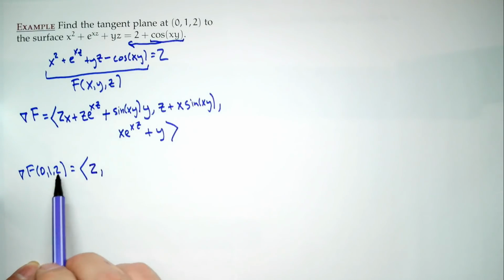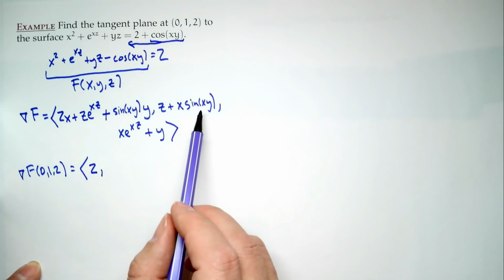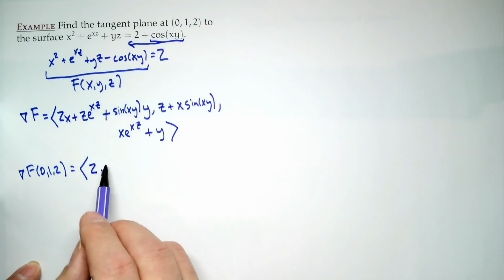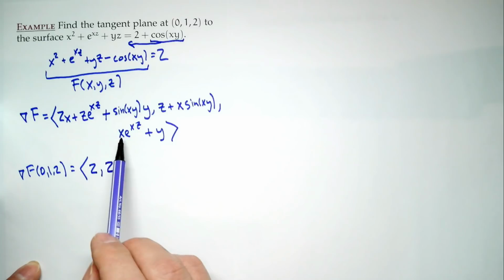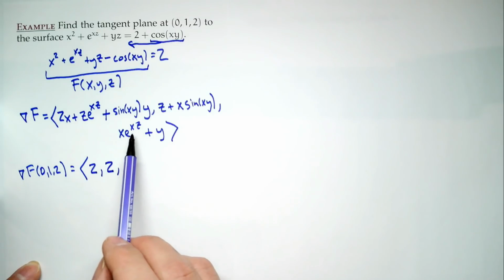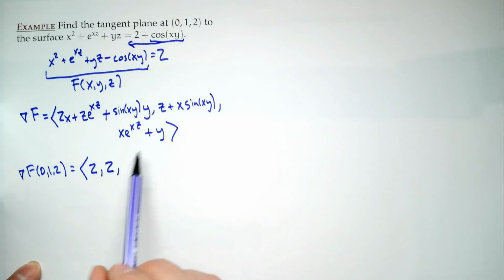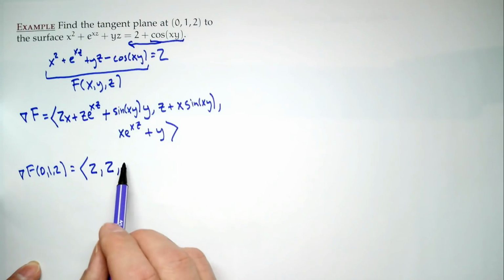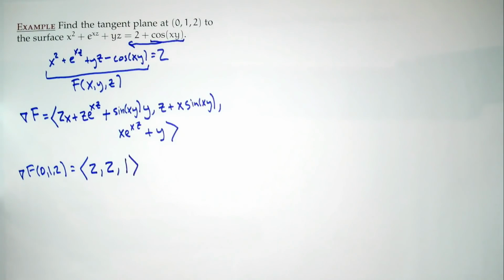Z will be 2. 0 times sine of 0 is 0, so that's 2. All right, next entry, we're going to have x, which is 0, e to the 0. So the first term will be 0 plus y. Well, at y equals 1, that becomes plus 1. So 2, 2, 1. So that's the normal vector.